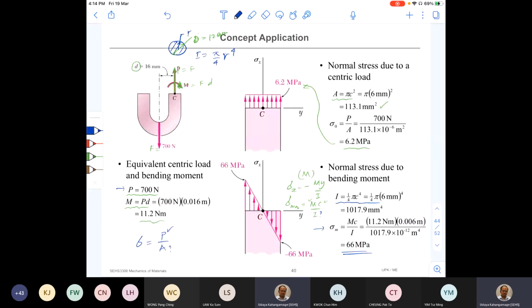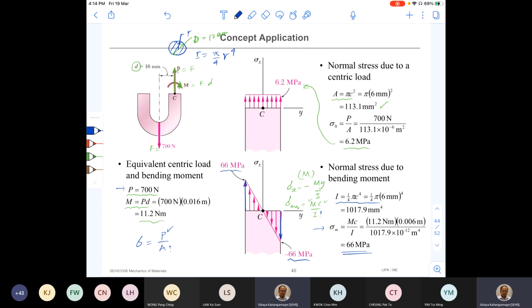So therefore, outside they are going to be negative 66 megapascal stress, and inside they are going to be positive tensile 66 megapascal. Okay, so we have the diagrams, can visualize it. We did the calculation, we know the magnitude.